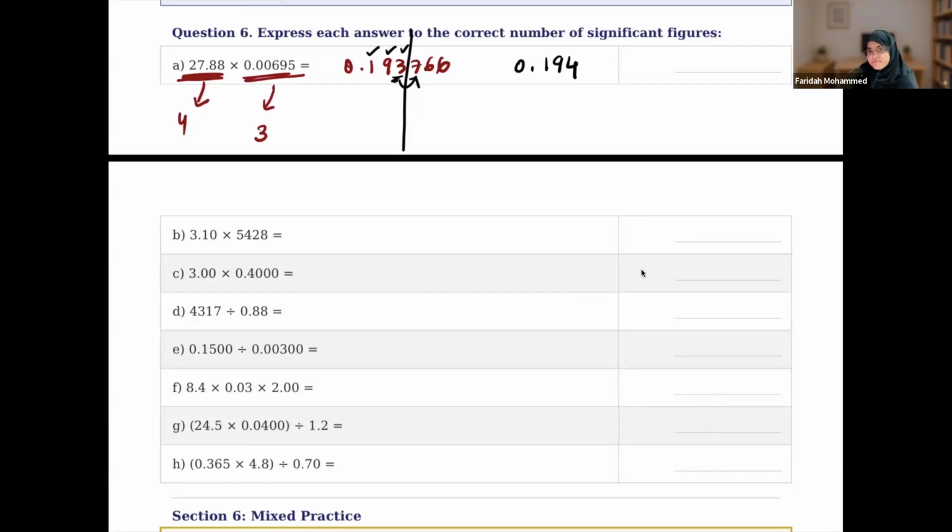Okay, good job, Kirtana. Good job, Vivan. And we are going to learn about the scientific notation that you have been using.